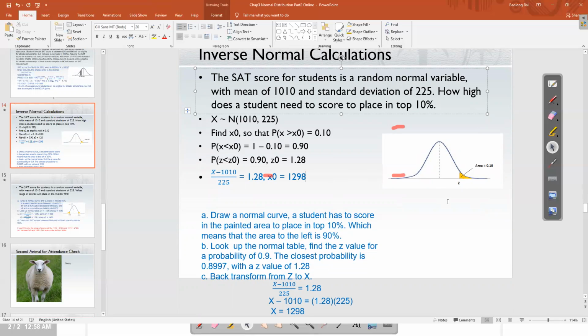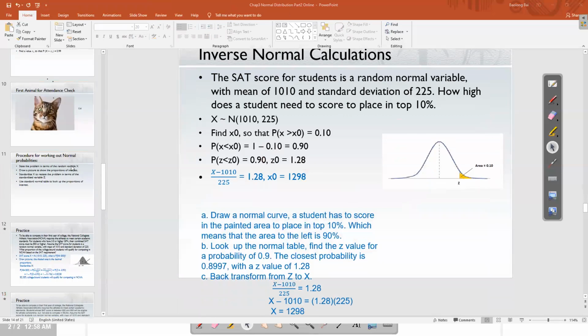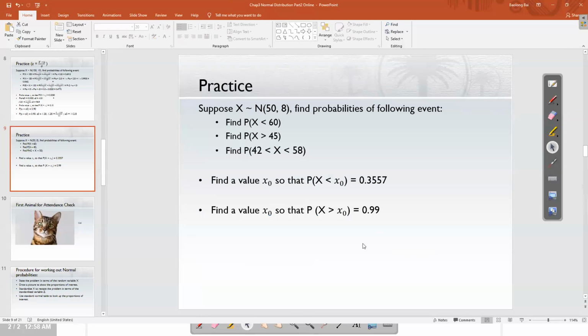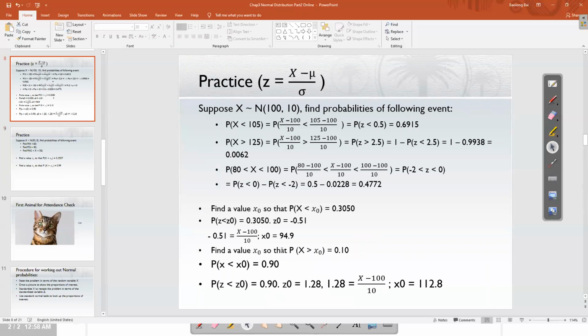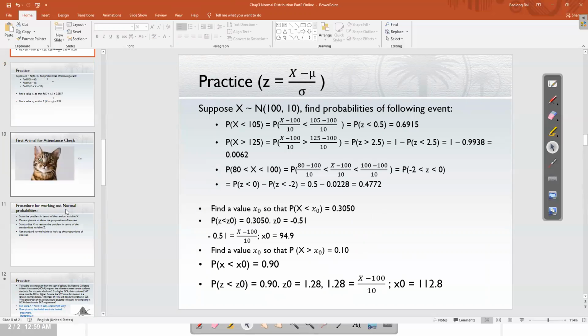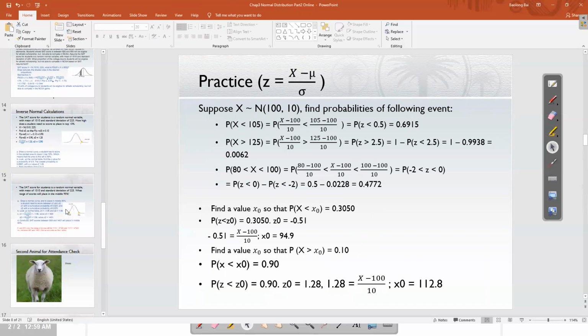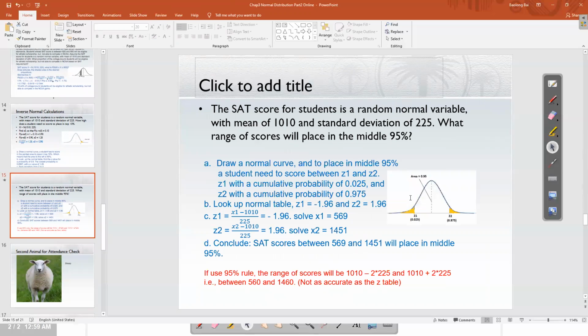Okay, so this is for finding the cutoff point. It's exactly the same as what we did earlier on in the theory part. It's just that now you need to do some reading, understand the concepts, and be able to apply the theories. So this concludes the normal distribution, but we have one more concept to go.